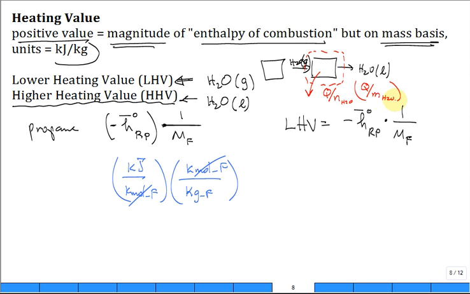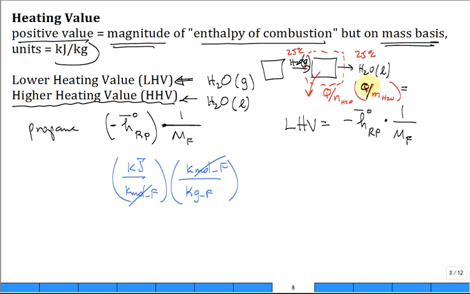If this water vapor is coming in at 25 degrees C, and it comes out of this control volume at 25 degrees C, but it's liquid, how many kilojoules of heat have to be transferred out of that control volume per kilogram of water coming in? See what we're asking?